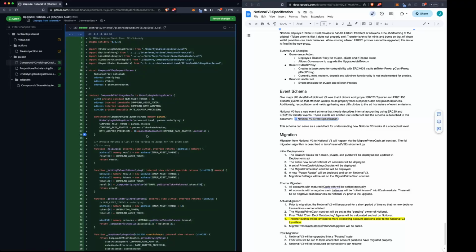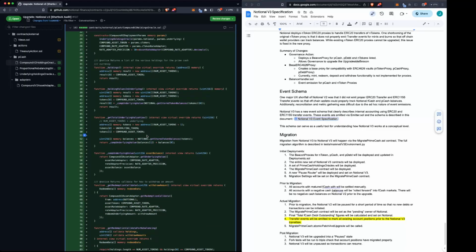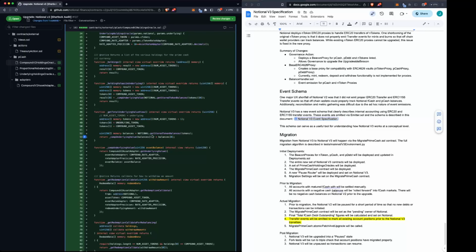So these are going to be deployed and whitelisted to tell the Notional V3 contract how and where it's holding all of its money in a given currency, right? With the USDC example, this is the contract that's going to say, hey Notional, you're holding USDC underlying.